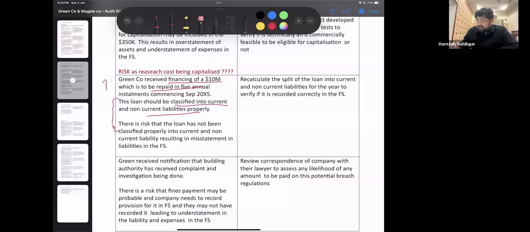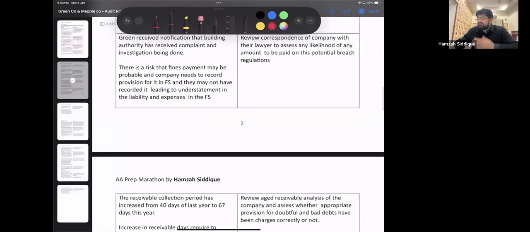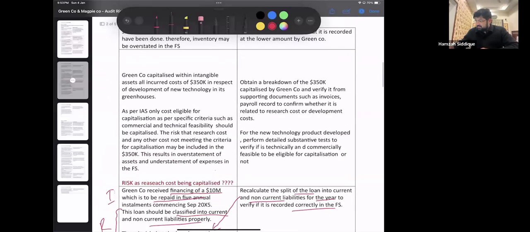Risk. The risk is that it may not have been classified. An impact, IRI. So now recalculate the split of loan into current and non-current liabilities and verify it is correctly recorded. Substantive test. Now, I have not discussed, I think, the next point over here that I identified. Yes, but there are so many other points.